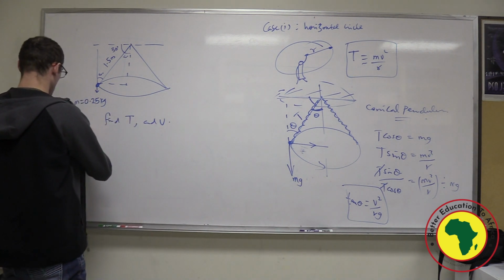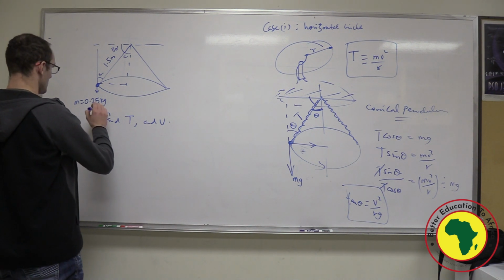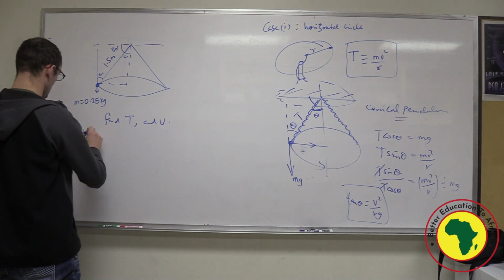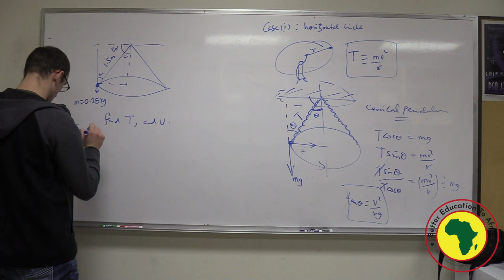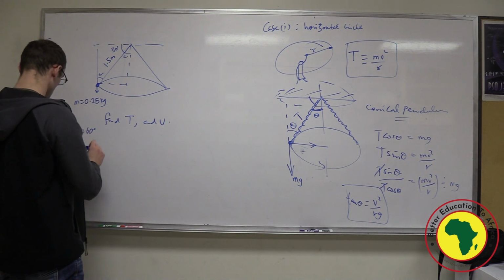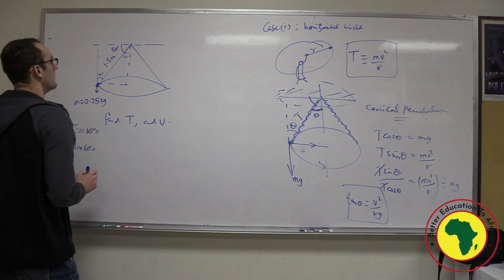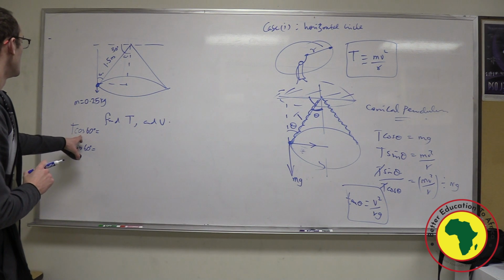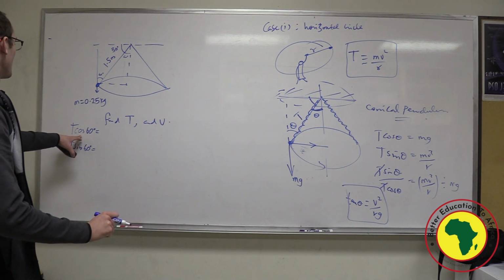So finding T, we're going to do T cosine 60, and T sine 60 as well.